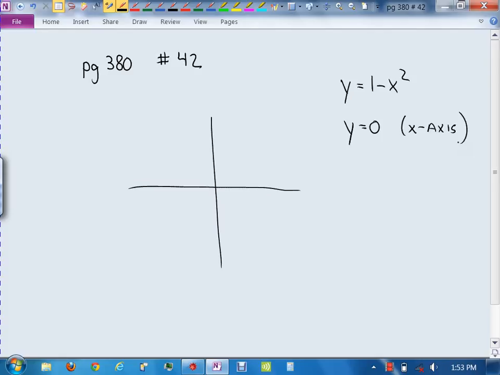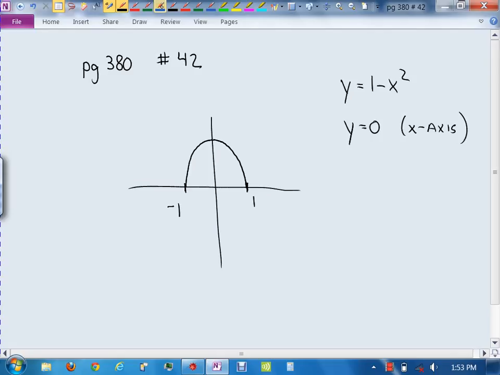So if I take my solid object, whatever it is, and put it down on the ground, where it's touching the ground is the region bounded by those two. I'm basically drawing the shadow of it down on the ground, just the bottom of the solid. So 1 minus x squared looks like this, a parabola, and it hits there at 1 and negative 1.